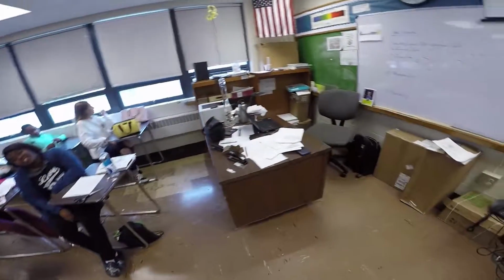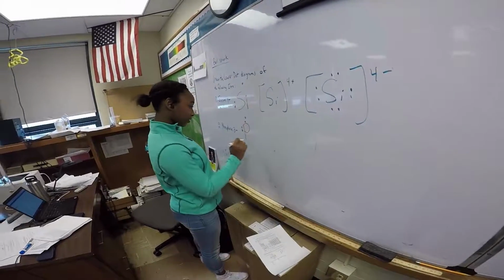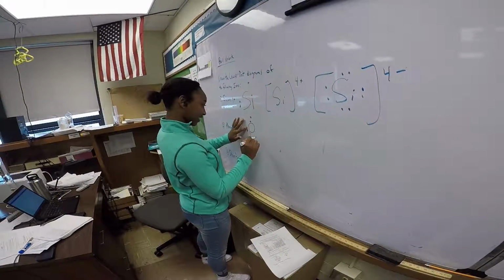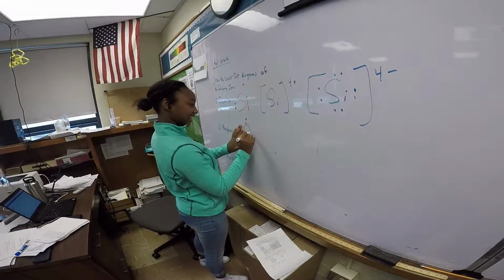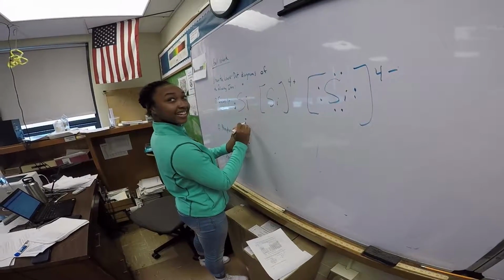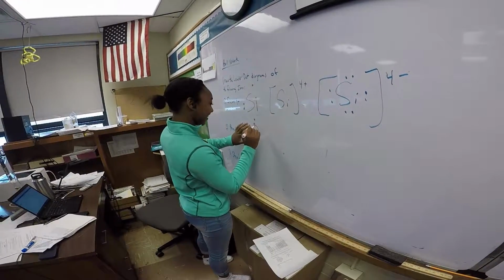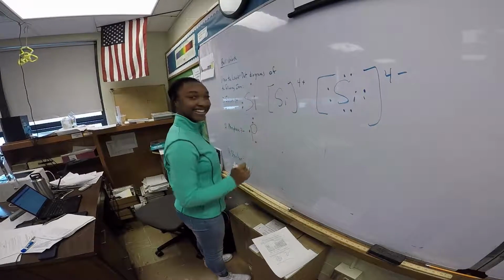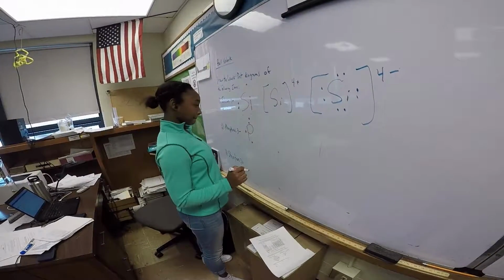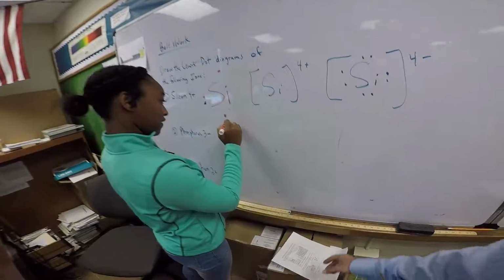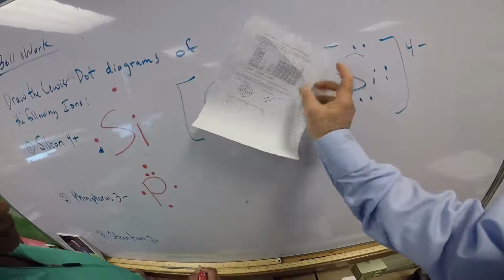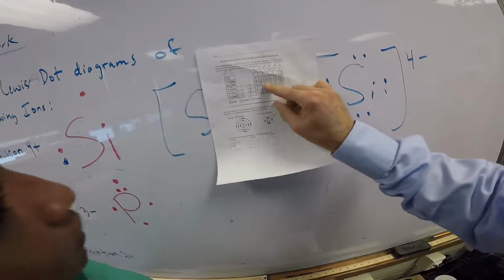Okay. You're close. No. Nope. Well, finish and I'll tell you what you're running on. It has 5 around it. So if you look on the periodic table, you're going to see phosphorus right here. So phosphorus looks like this.